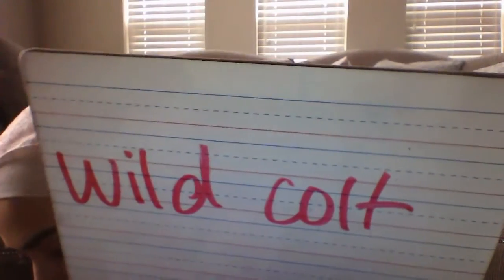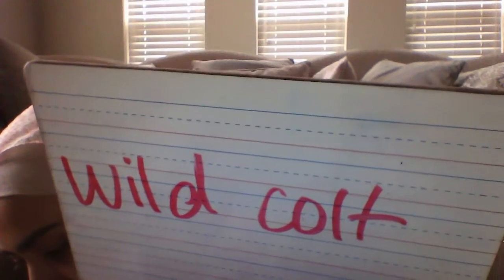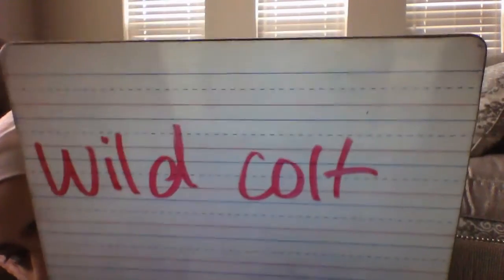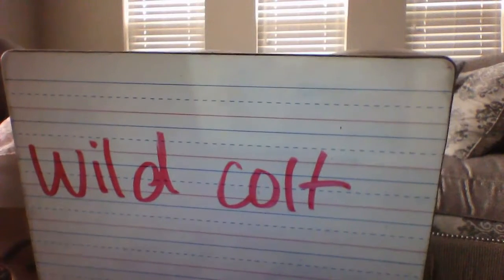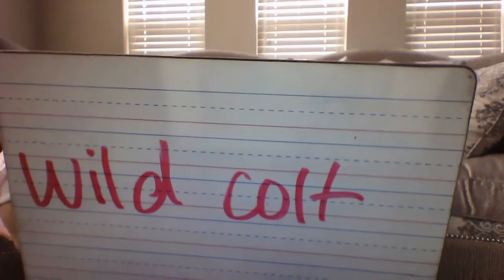So I'm going to write down the word wild Colt. Wild. Colt. The I is followed by two consonants, L and D. That means that the I might make a long vowel sound.